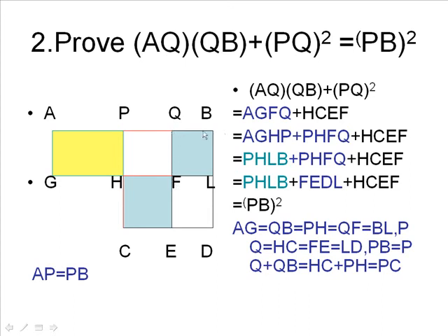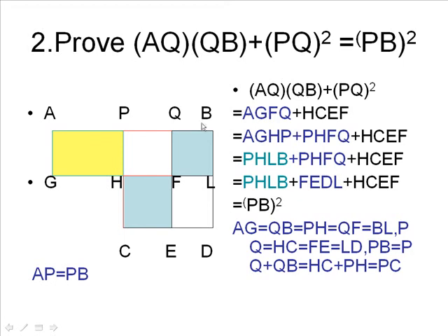Why is QB equal to QF? Well, when we construct AG, we make it equal to QB, and AG is also equal to QF because this is a rectangle. So we have QB equals QF, and this is also a square. So now we are ready to prove this identity. We start from the left side.